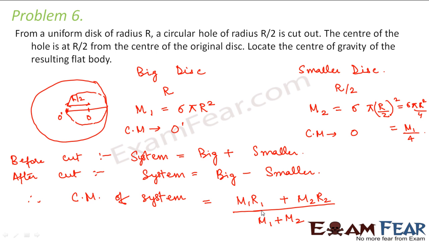That center of mass is equal to summation of mi ri divided by capital M. But now my system is the bigger system, so M1 is the mass of the bigger system and M2 is the mass of the smaller system. But now M2 will be subtracted from M1. So in this case, what would be the values of M1 and M2?